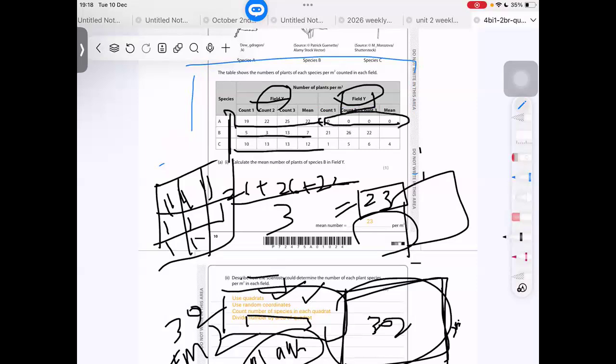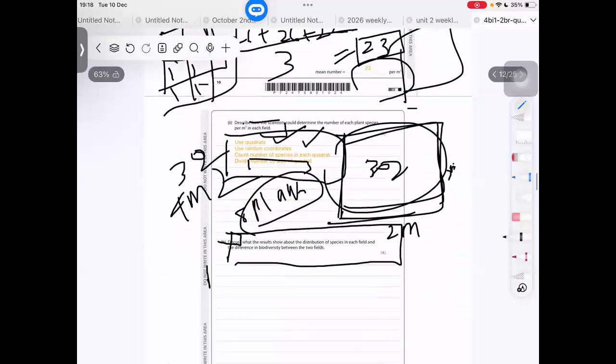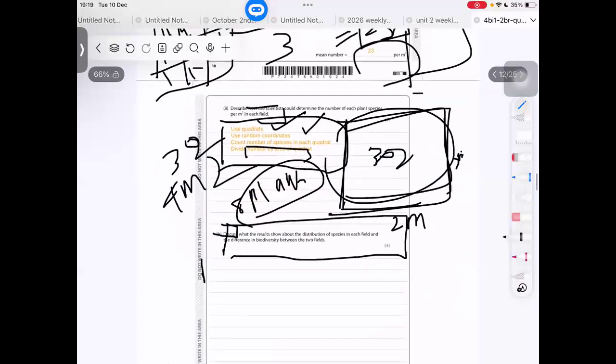That means in field Y, species A is not there. So the main difference is that in field X you can see 3 species, but field Y has only 2 species. That will be the main difference, right? Discuss what the results show about the distribution of species and the difference in biodiversity.